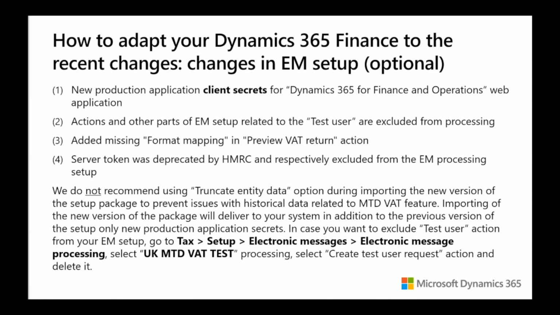And first of all, this is a new client secret for production web application. I will show in the second demo how to use this package to import into the system only necessary information from this package. The package also includes the missing format setup for preview action and excludes outdated part of the setup, like actions related to the test user and server token of the production application.